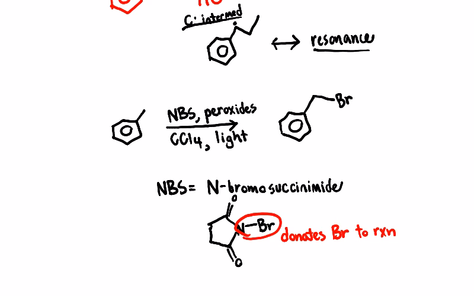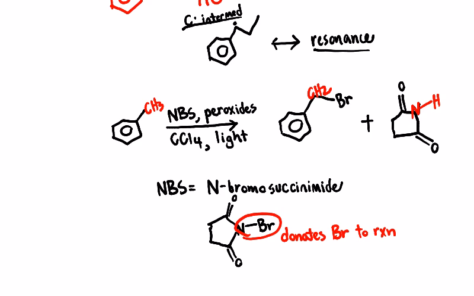Also, as a result of that reaction, if you're wondering what happened to N-bromosuccinimide, basically it's going to gain the hydrogen atom that was lost from the benzylic position. So the benzylic position started off as CH3, it became CH2, and that hydrogen that was lost there is what becomes bonded to our N-bromosuccinimide.